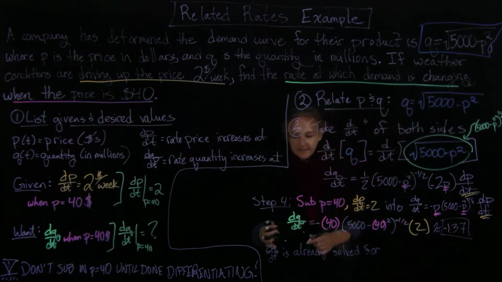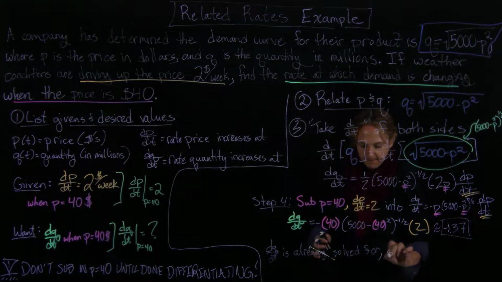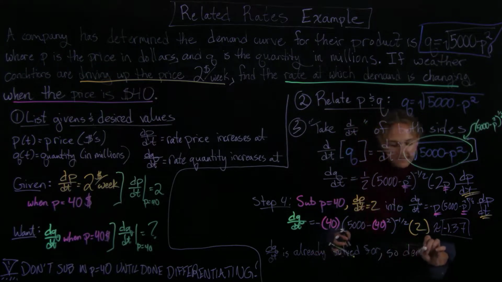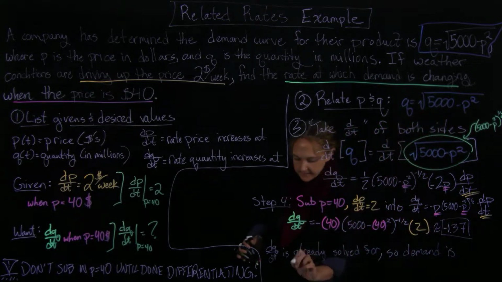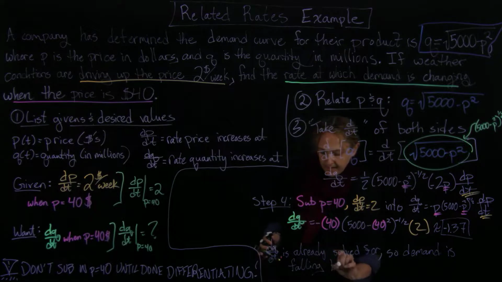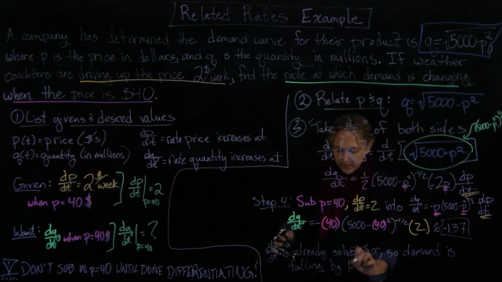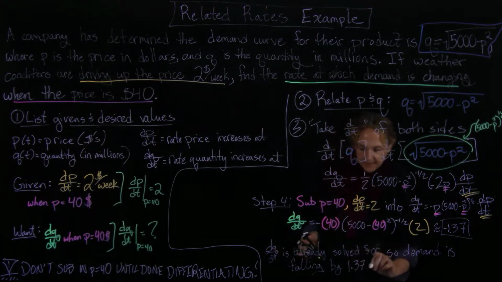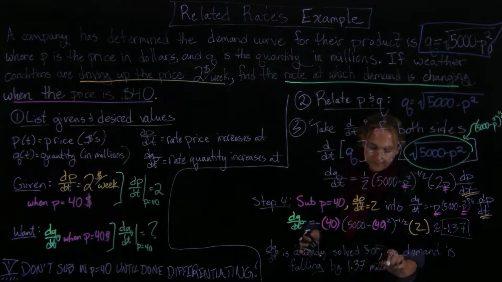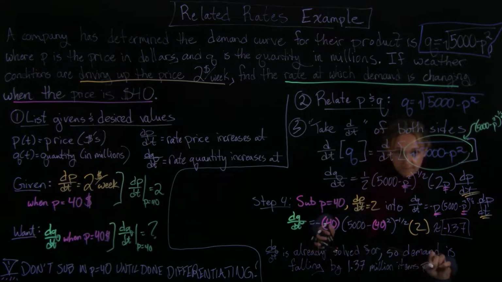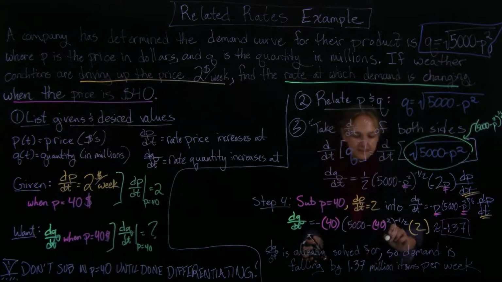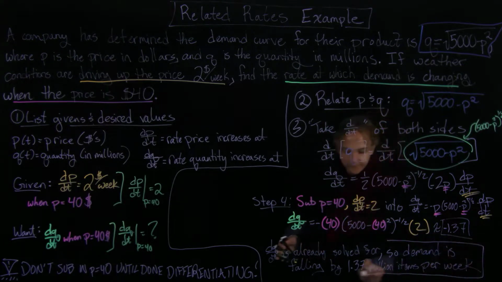Okay, and the minus there says it's falling, so the demand is, and again, because it's a minus, and this is a rate of change, this is falling by 1.37 million items per week. Okay, and that's my final answer.